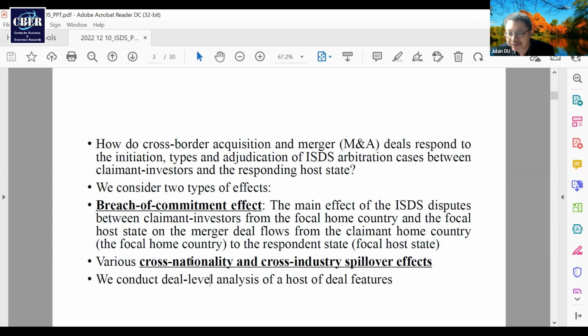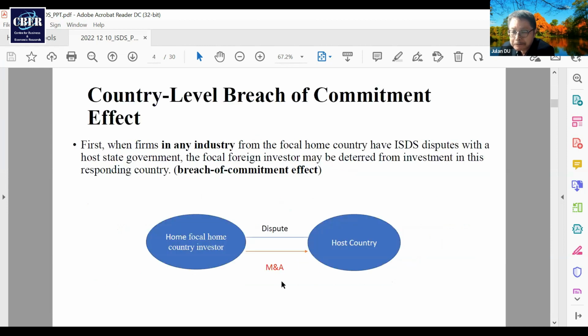So these are the main effects. And we also look at various spillover effects. There could be cross-nationality and cross-industry spillover effects. And we conduct the deal level analysis of host of deal features. Now the complicated part seems to be here.